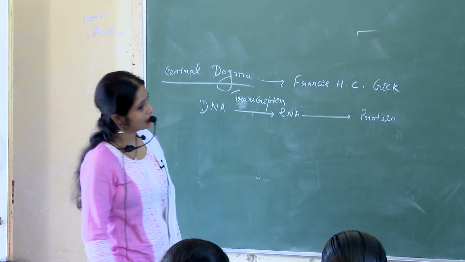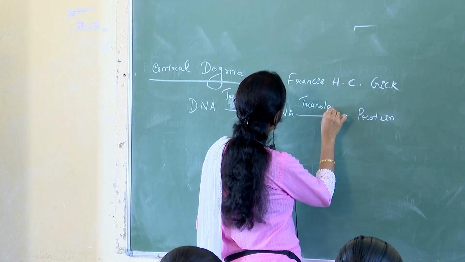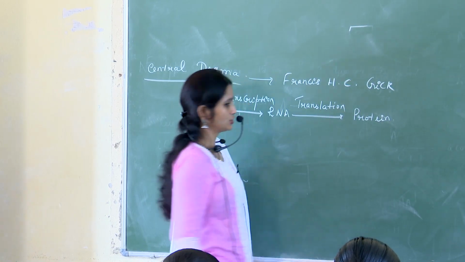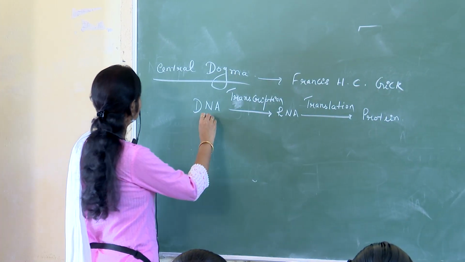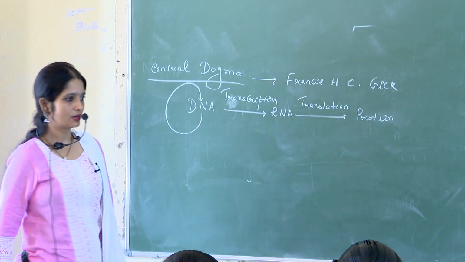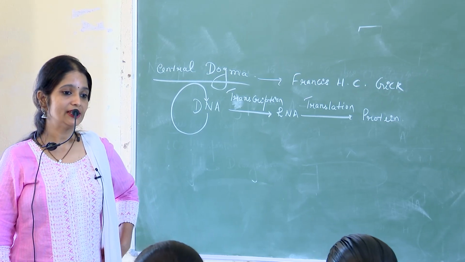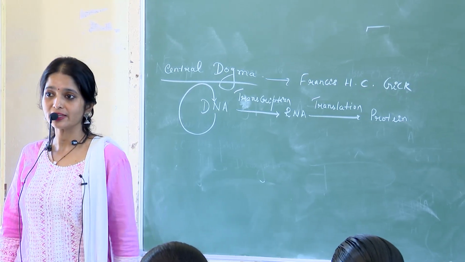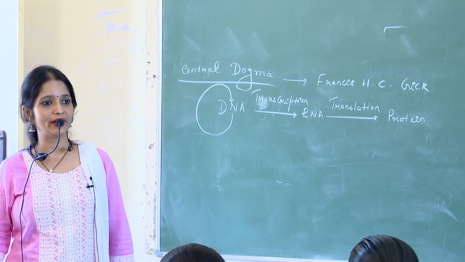RNA to protein is translation. Right? Now DNA synthesizing DNA, what is this? Replication. Is it not? DNA synthesizing DNA, making an exact copy of itself, is known as replication.